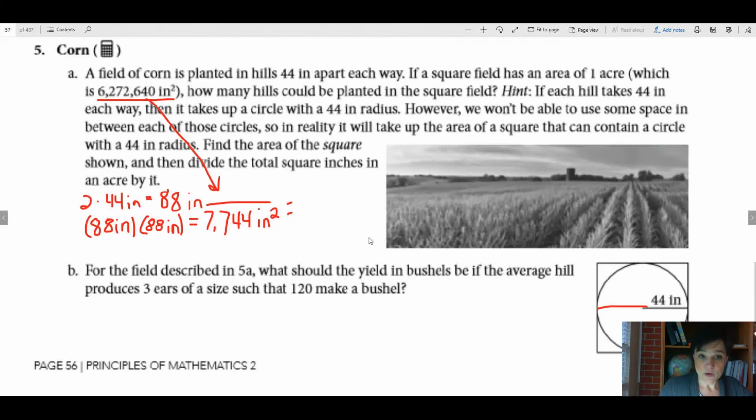And that's going to tell you how many hills could be planted in that. Yes, that's very hard. Your answer is 810. 810 hills. Yeah, I'm a little bit confused by that one still.